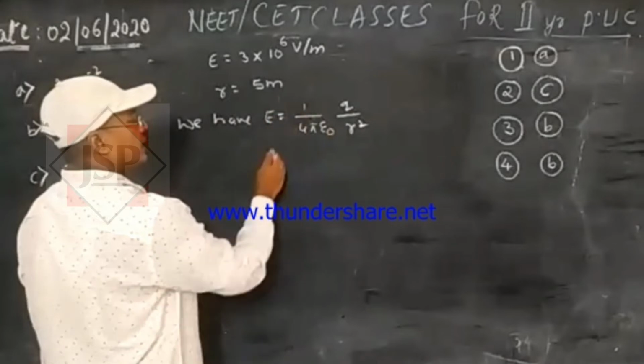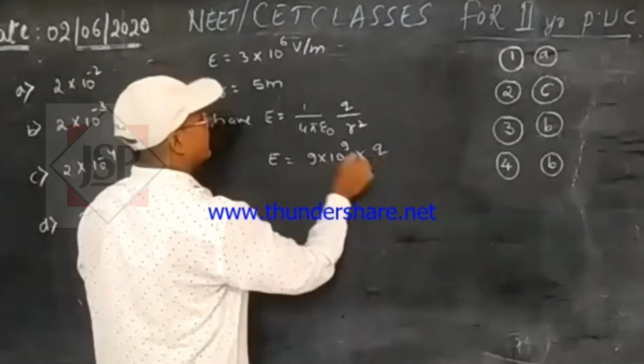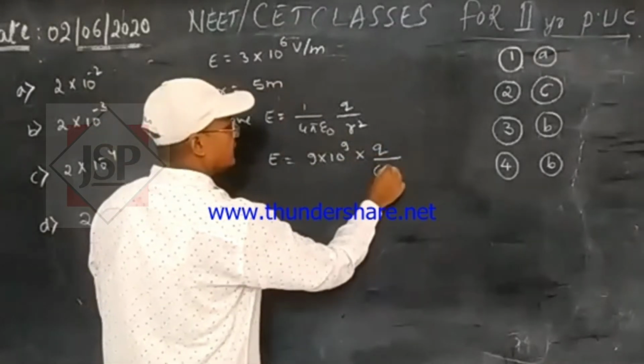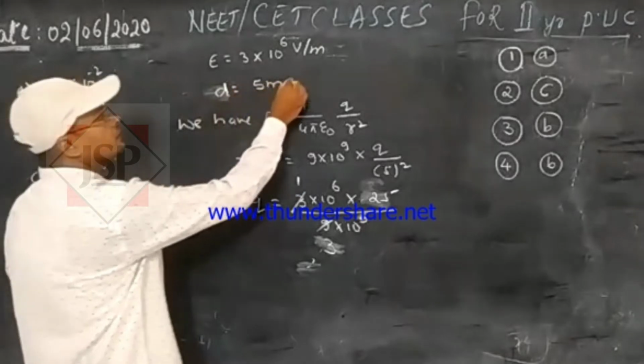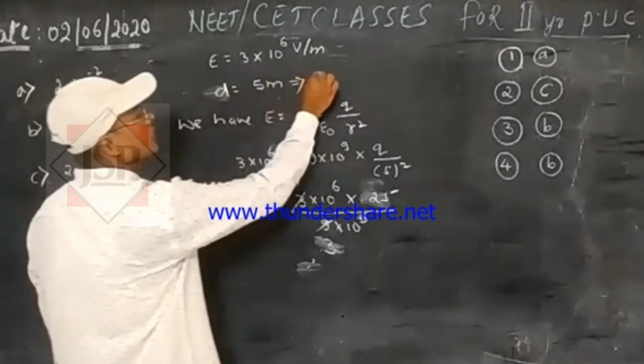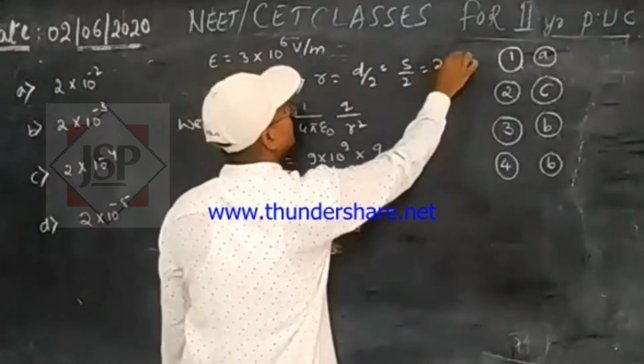The value of this one is 9 into 10 to the power of 9, divided by R square. R is from the diameter. So the diameter is 5 meter, so we have to take the radius now. R equal to 5 divided by 2, it is 2.5.